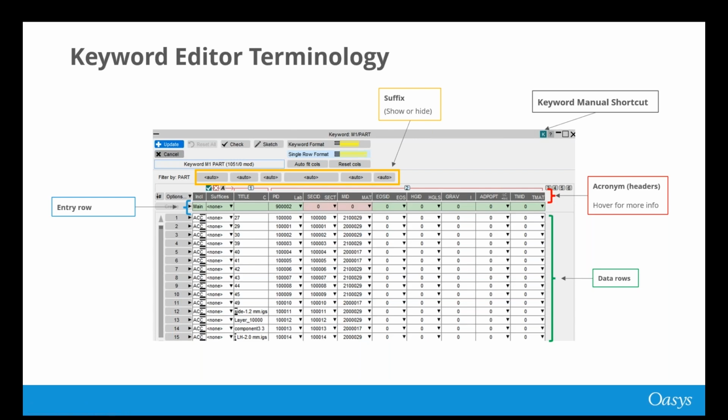In our model we have quite a few parts already available, but if you want to add new parts into your model, this is where you do it. And lastly, in green, we can see the data rows, which are all of the available parts or entities currently in our model. If you want to make any changes to existing parts in the model, it will be through the data rows here.